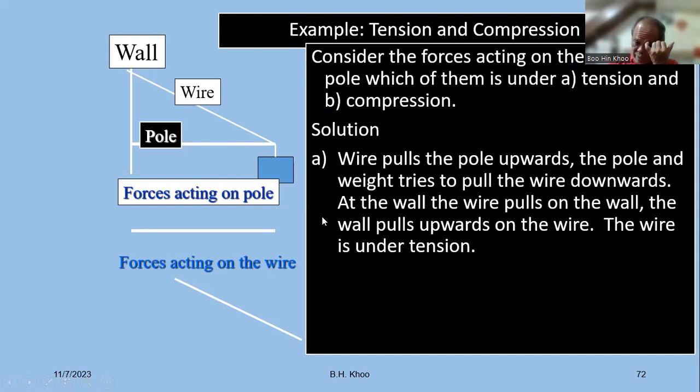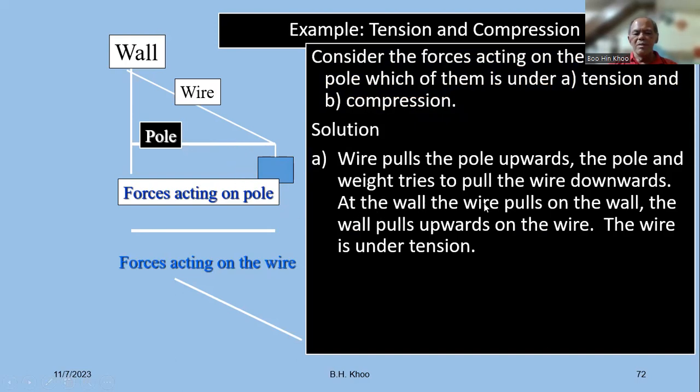The weight of the sign tries to pull the wire downwards. The pole is not trying to pull it down.